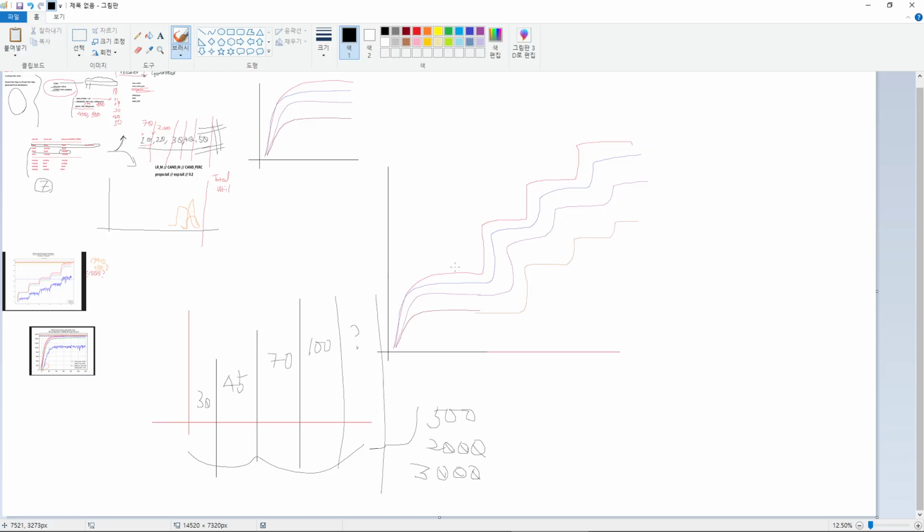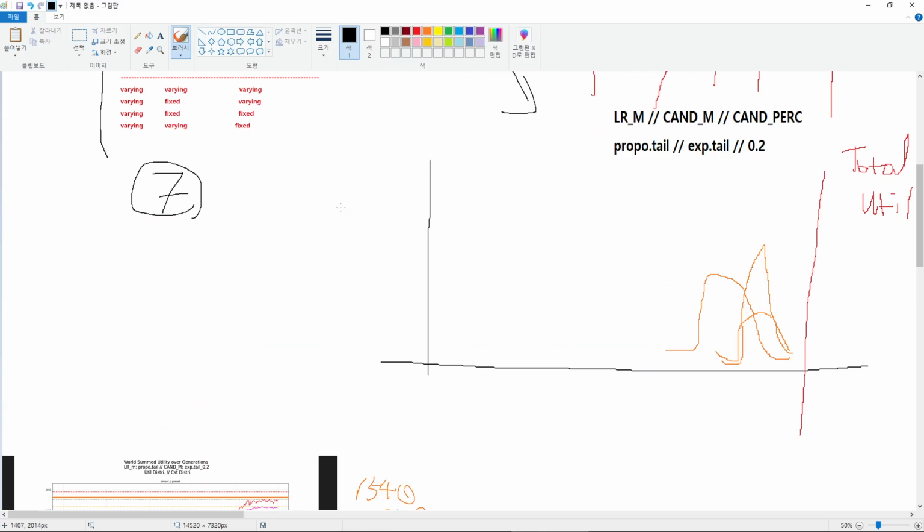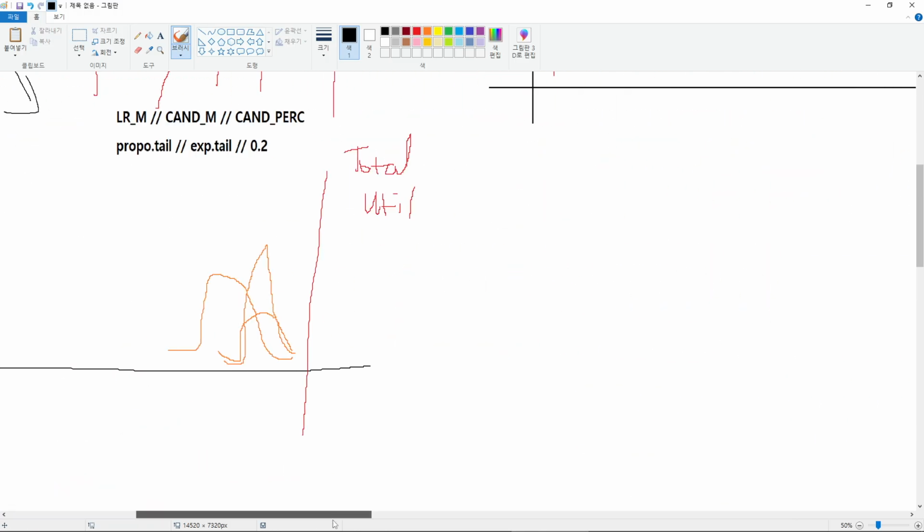Another way of doing this might be we come back to the entity distribution, and I remember having chosen the learn rate and candidate method combination where the resulting final world entity distribution looks something like this.